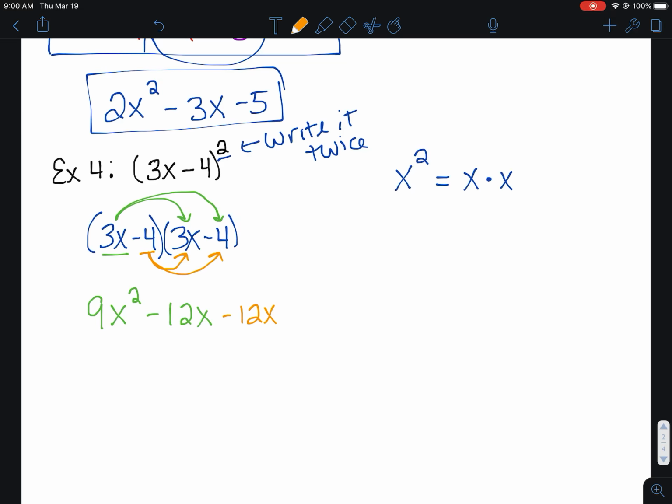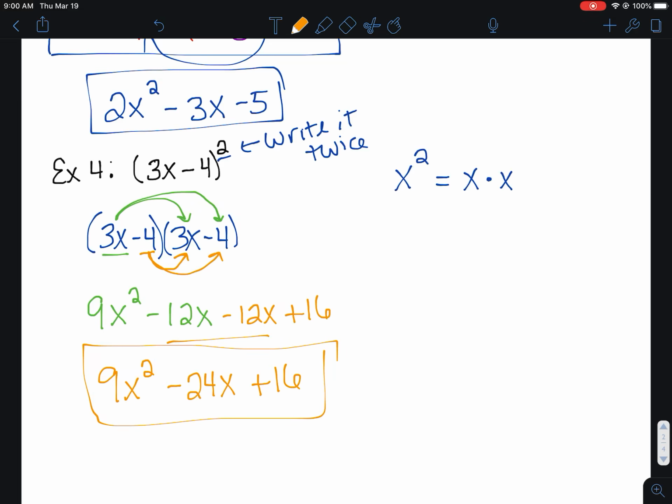And -4 times -4 gives me a positive 16. Again, I can combine like terms in the middle, so 9x squared stands alone, but -12x and -12x can be combined: -24x plus 16.